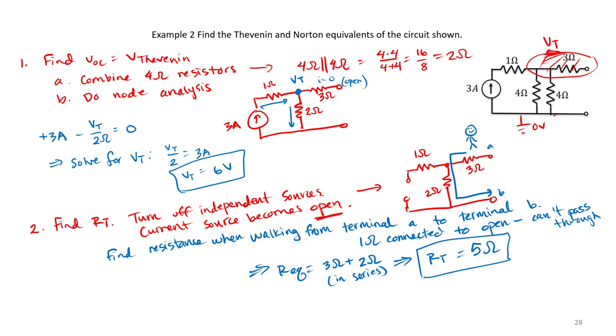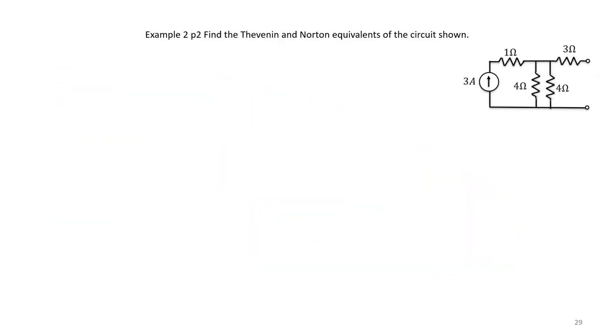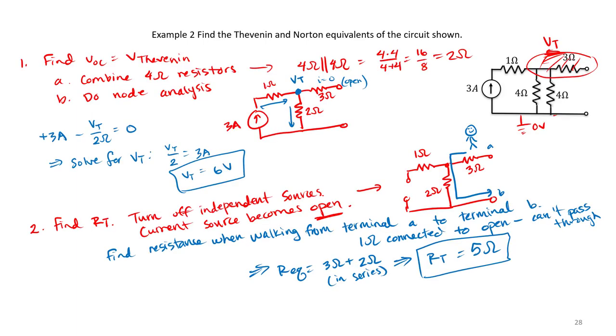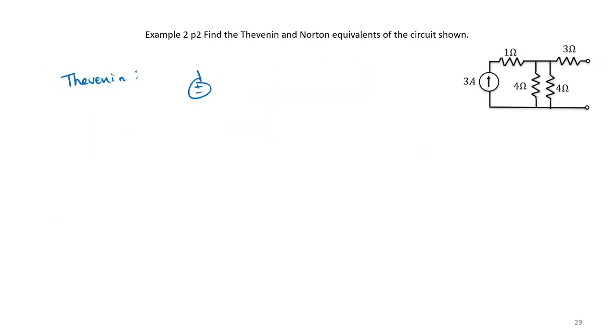So last step, we need to find both the Thevenin and Norton equivalents. So remember, the Thevenin equivalent, that's just going to be our Thevenin voltage, which we determined was 6 volts. And we have that 5 ohm resistor in series.